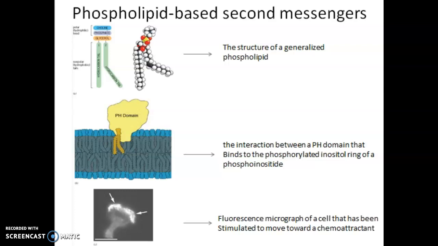Diagram C is a fluorescence micrograph of a cell that has been stimulated to move toward a chemoattractant. This cell has been stained with an antibody that binds specifically to PI 3,4,5 triphosphate, PIP3, which is seen to be localized at the leading edge of the migrating cell.